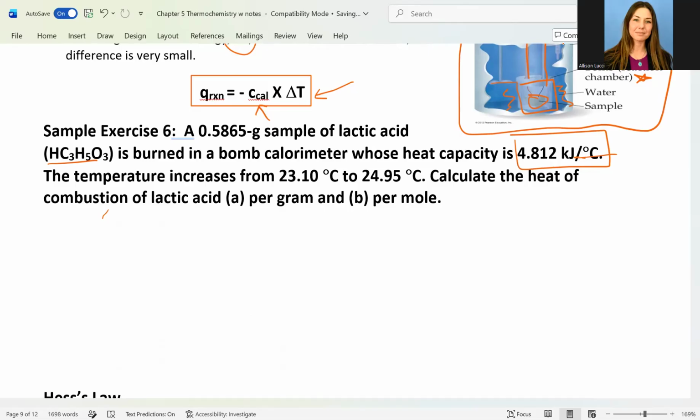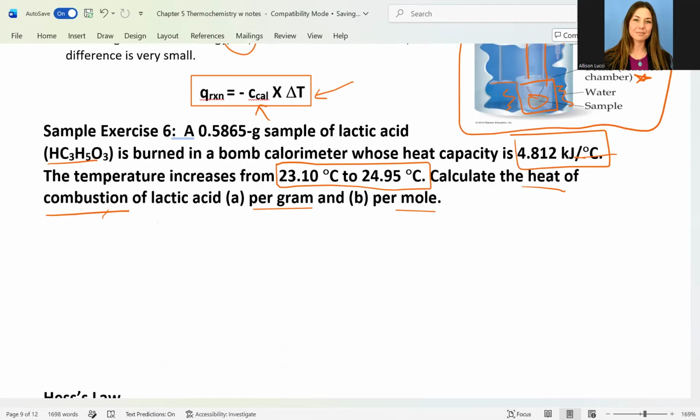And we're told that the temperature increases when that mass is combusted from 23.1 degrees Celsius to 24.95. So we're asked to calculate our heat of combustion, so our Q of reaction, for our lactic acid in both the units of gram and moles.